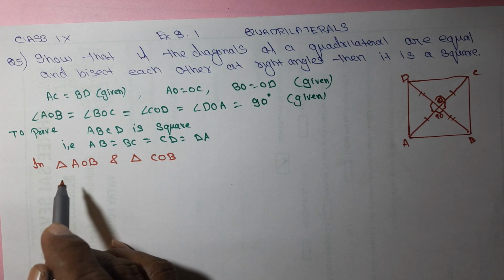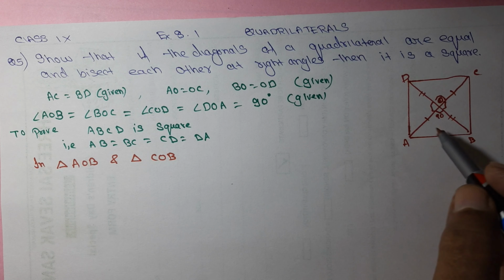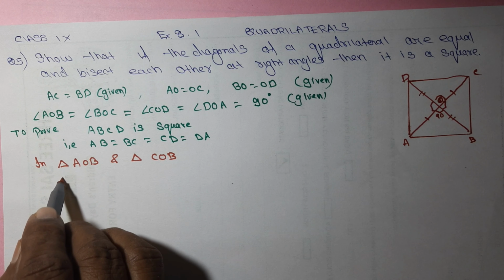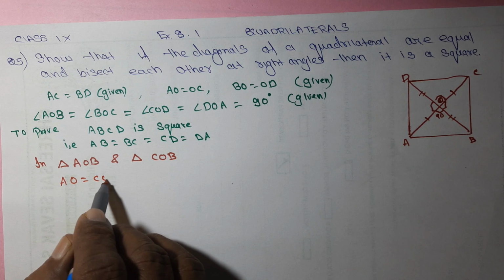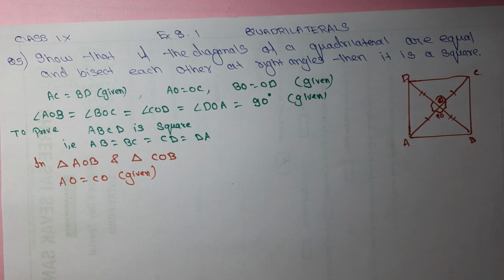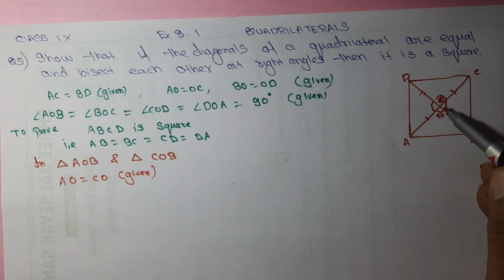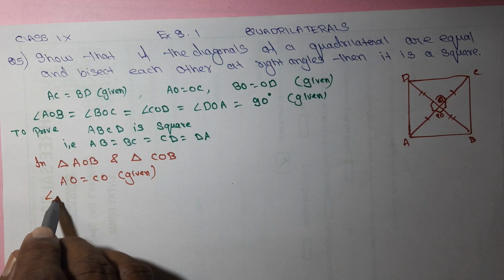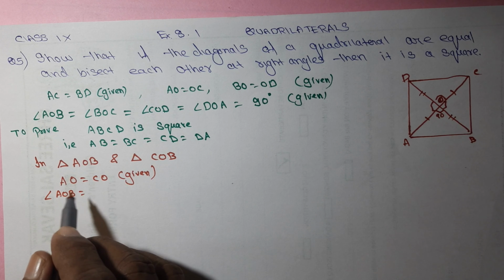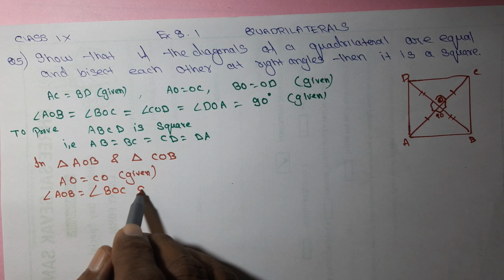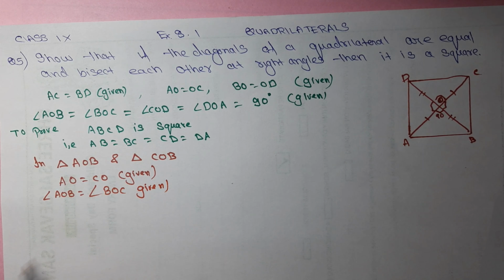We will just collect from here. The very first thing here, in these two triangles, this side is equal to this side, AO is equal to CO. It's given. Now here this angle is equal to this angle. It is also given. What is this angle? Angle AOB is equal to angle BOC. This is also given, because both are 90 degrees.